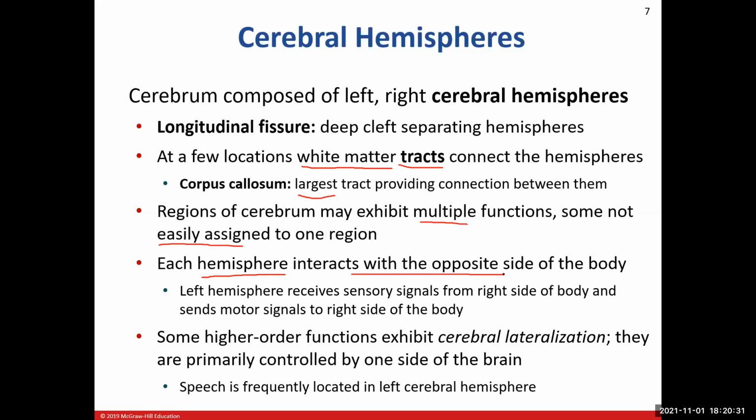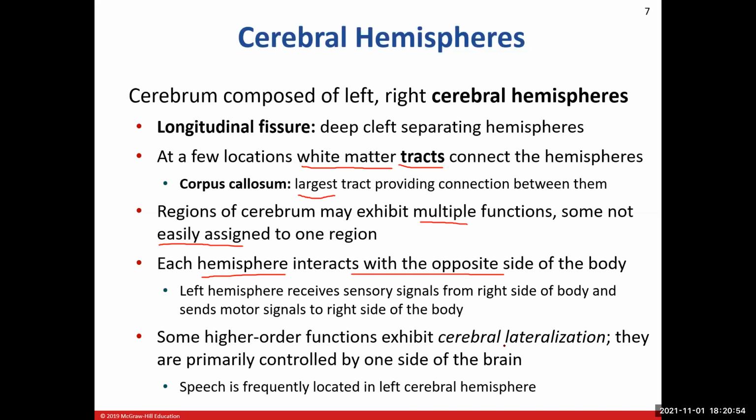These signals are going to cross over, and we'll talk about where they cross over. Sometimes it's in the brain, sometimes it's down in the spinal cord. But for the most part, when we're dealing with our cerebral hemispheres, the cerebral hemisphere will get sensory input from the opposite side of the body, and it will send motor output to that opposite side of the body.